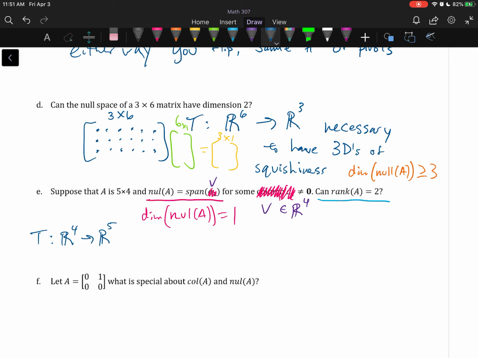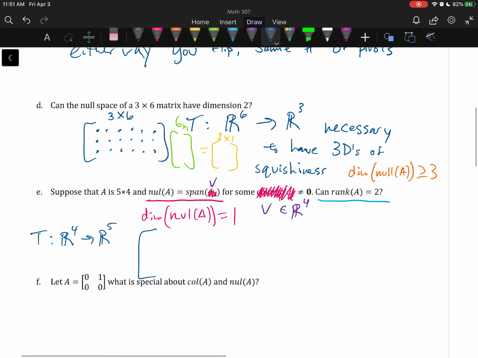And in order to have rank 2, if we were going to look at this, so 1, 2, 3, 4, 5, 1, 2, 3, 4. Okay, so there's our matrix. In order to have rank 2, we'd need 2 pivots.